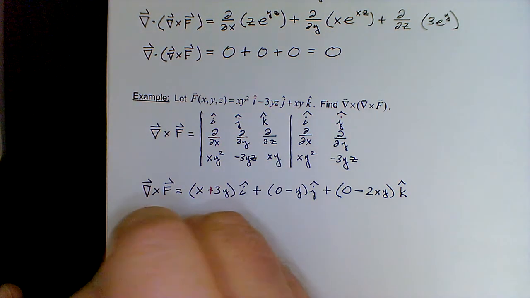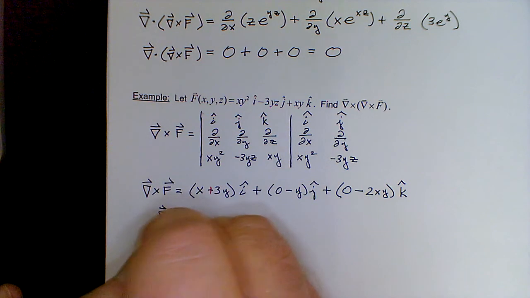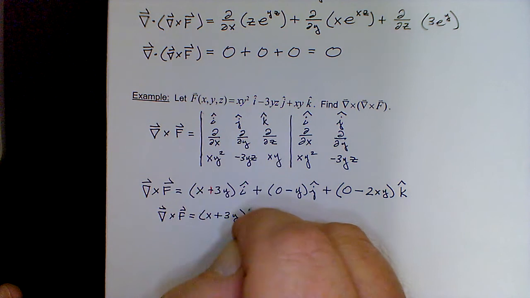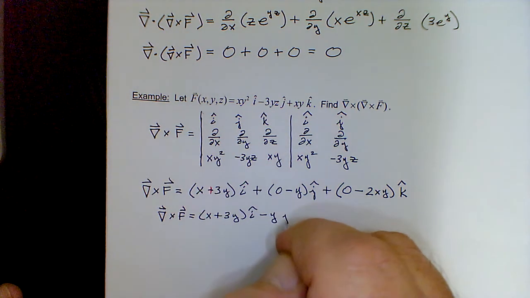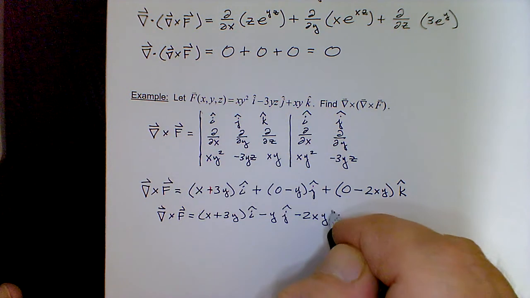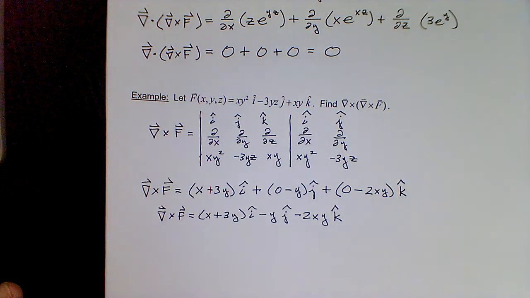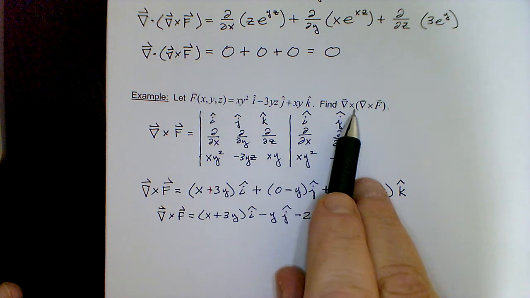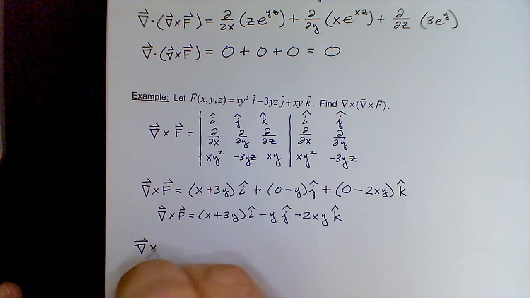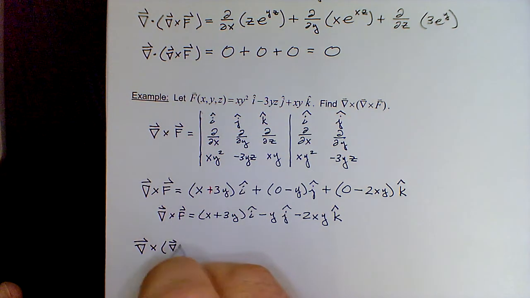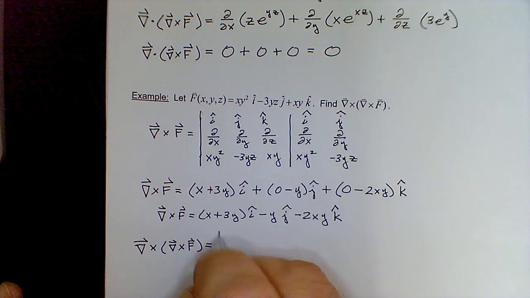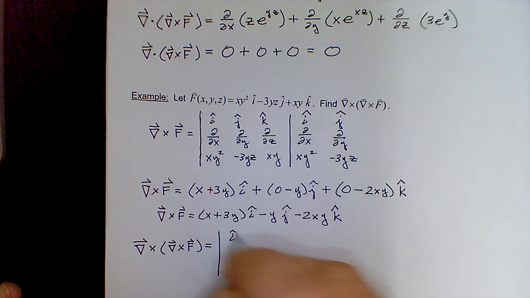Okay, so let's just make this look a little prettier. So x plus 3y times i minus y times j minus 2xy times k. Okay, so now we need del crossed with that result. So now del cross f is cross product, 3 by 3 determinants again.